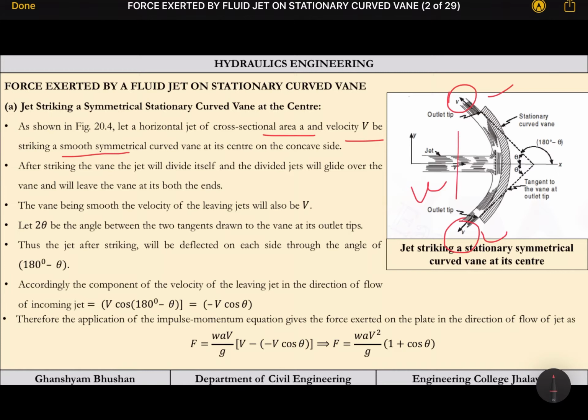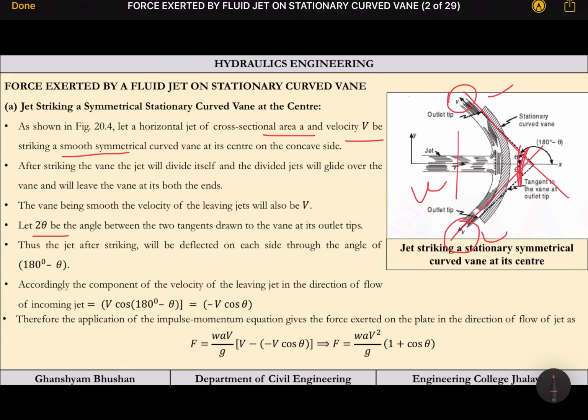Let 2 theta be the angle between the two tangents drawn to the vane at its inlet tip. Here is the first tangent, here is the second tangent, and this is the angle 2 theta. These are very important parameters when you study the hydraulic machines subject.